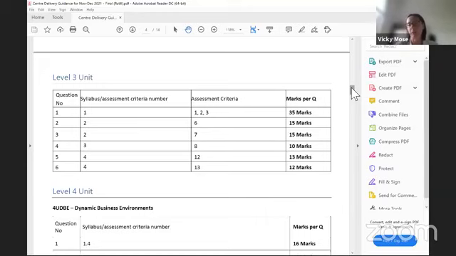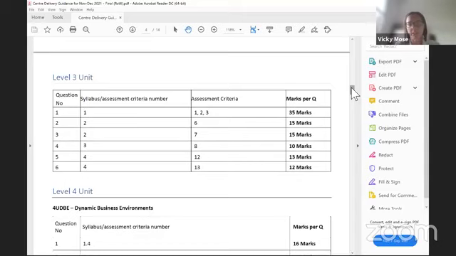So for level 3, we only have one unit, and that's the Business Essentials unit. And this one's set up slightly differently to the level 4, 5 and 6 unit questions. So if I just go through the level 3 one for those that are thinking of taking this unit, you'll see that there are 6 questions.